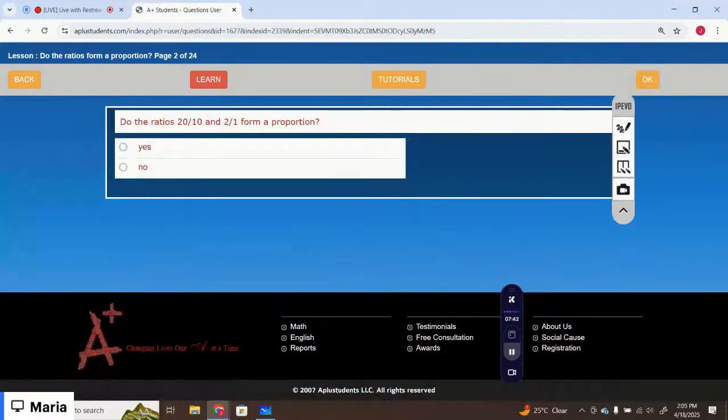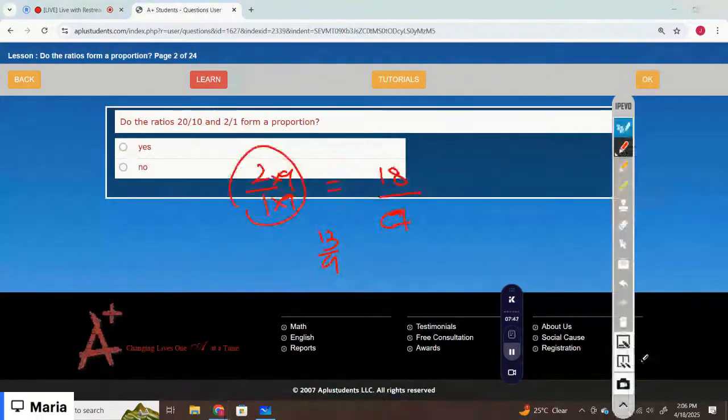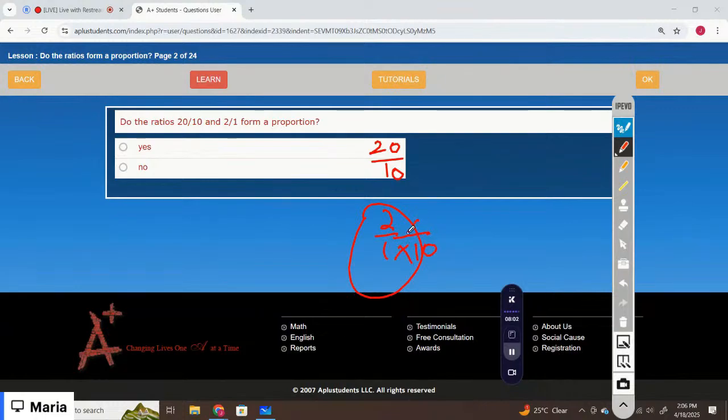Do the ratios 20/10 and 2/1 form a proportion? 20/10 and 2/1. You have to multiply this fraction by 10. That is 1 times 10 and 2 times 10. 2 times 10 is 20.